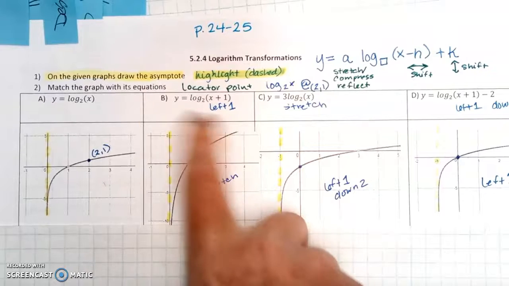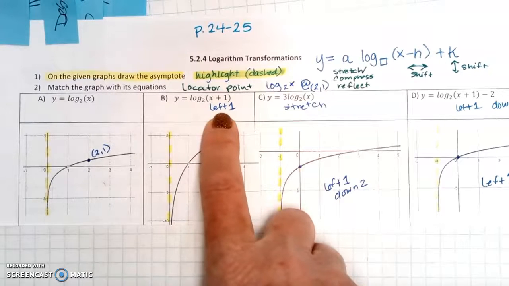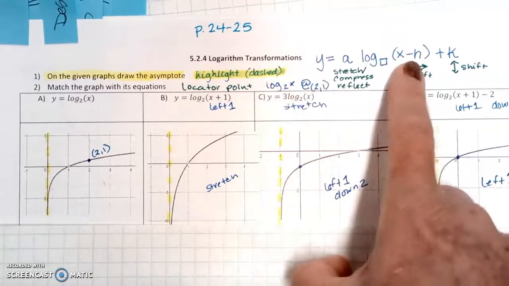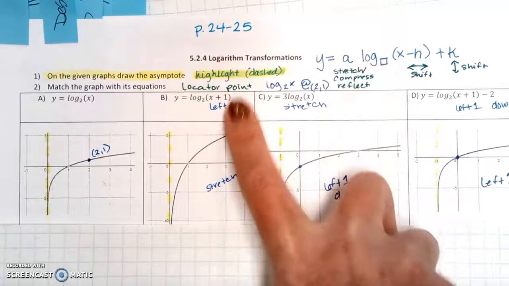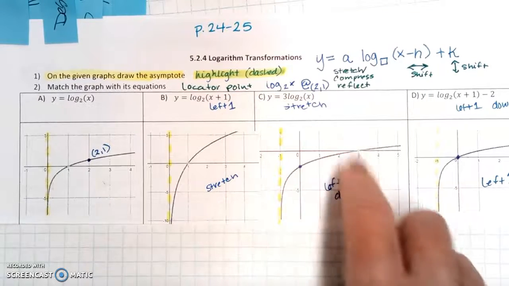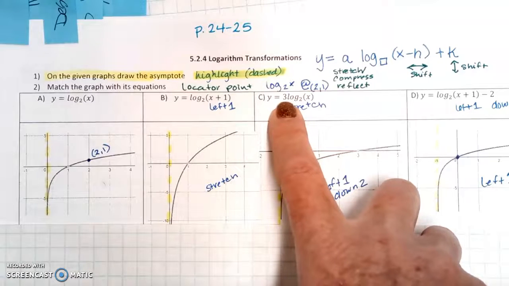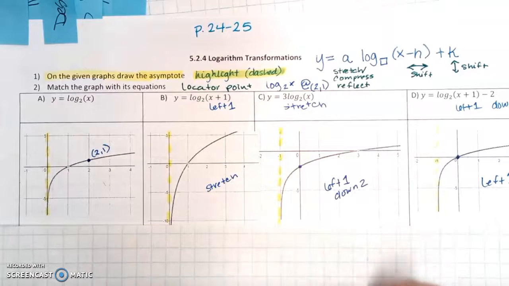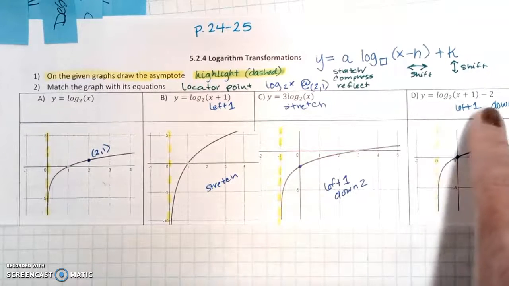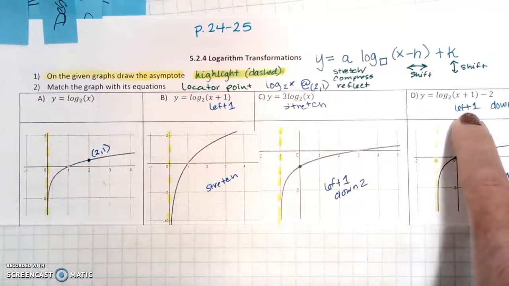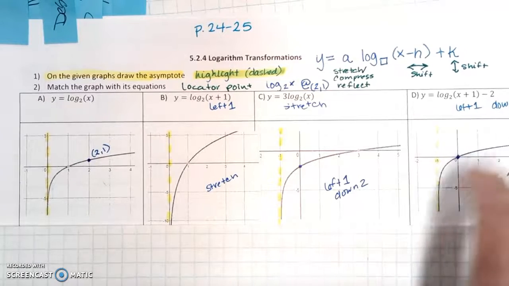And B is just going to be a shift 1 to the left because it should be minus, right? So when you have plus, you're moving 1 to the left. And then this one's going to have a stretch because it has a 3 out front. And then D is going to move 1 left and down 2.